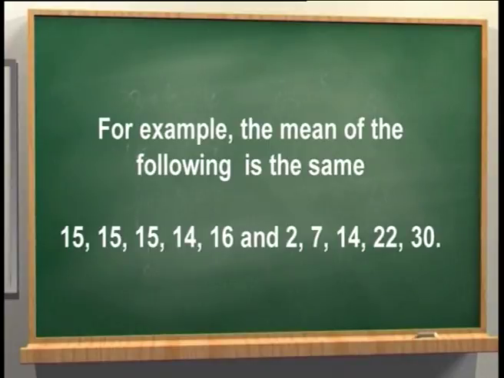For example, the mean of the following data sets is the same, that is 15: 15, 15, 15, 14, 16 and 2, 7, 14, 22 and 30. However, the second is clearly more spread out. If a set has a low standard deviation, the values are not spread out too much.